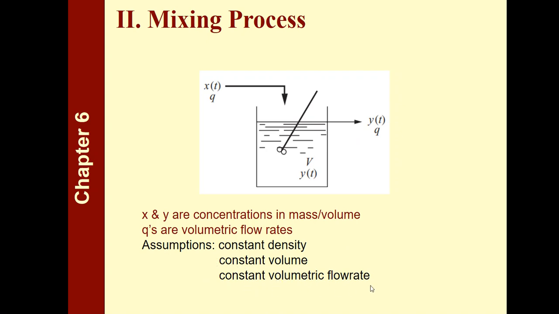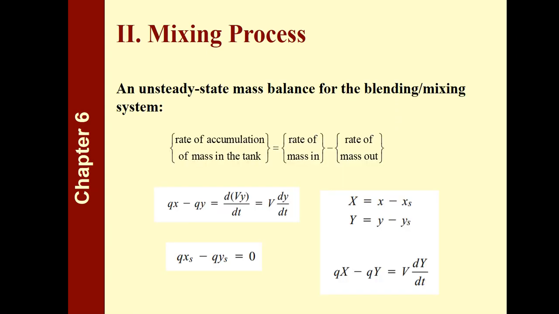It's because the volumetric flow rate is also constant. Then we are to assume as well that the density of the system will not vary for this mixing process. Now our mixing process also starts off with the unsteady state mass balance, wherein we are accounting for the accumulated mass inside the tank based on the difference of the mass entering and leaving the tank.